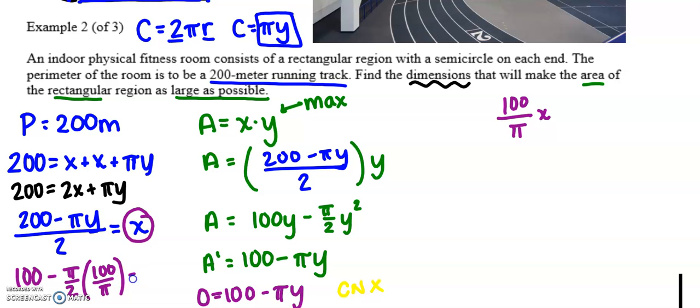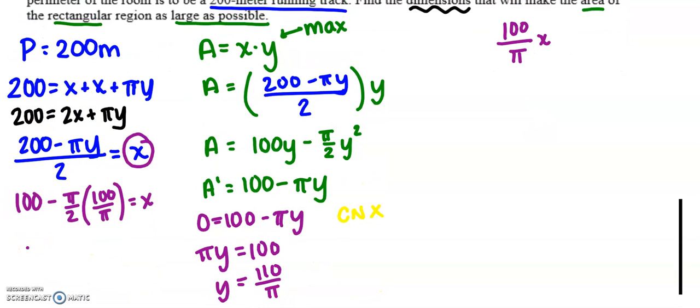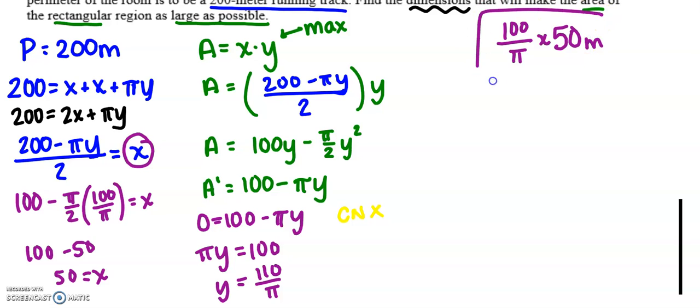That's going to be equal to my x value. So I end up with 100 minus 50, which will end up being 50 for x. So 100 over pi by 50 meters.